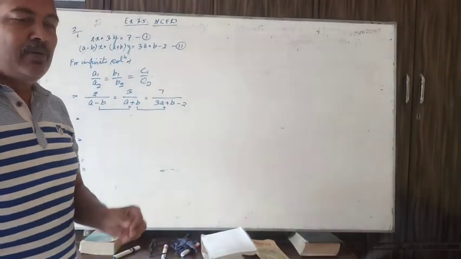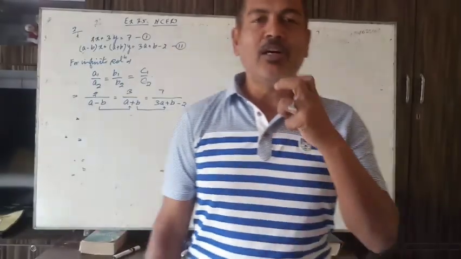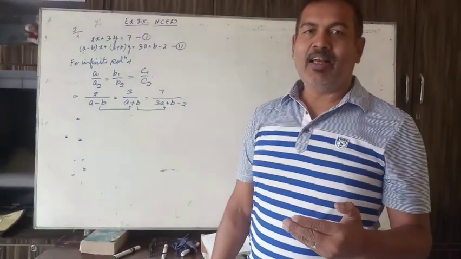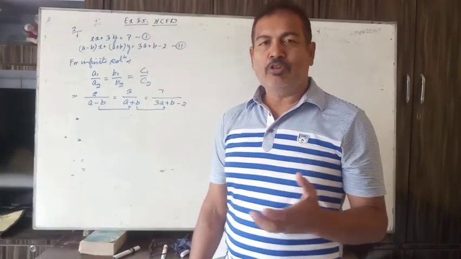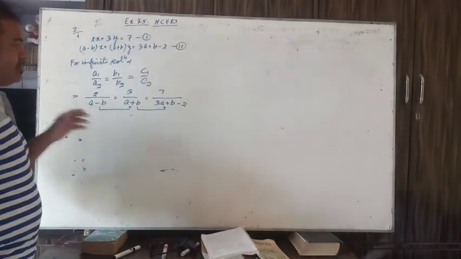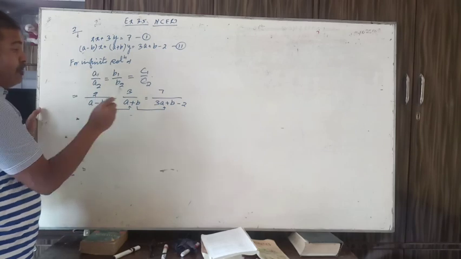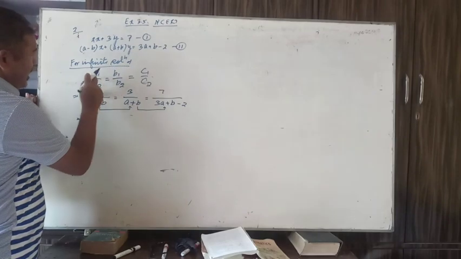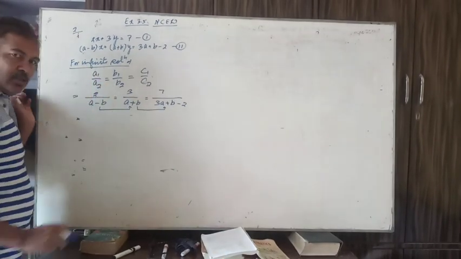So please remember the condition on the coefficients of a linear equation in two variables to have an infinite number of solutions. I explained that condition at the very beginning of this topic: a1 upon a2 is equal to b1 upon b2 is equal to c1 upon c2.